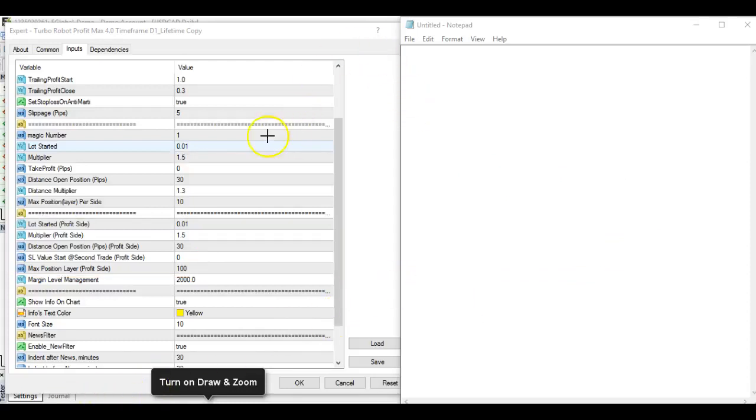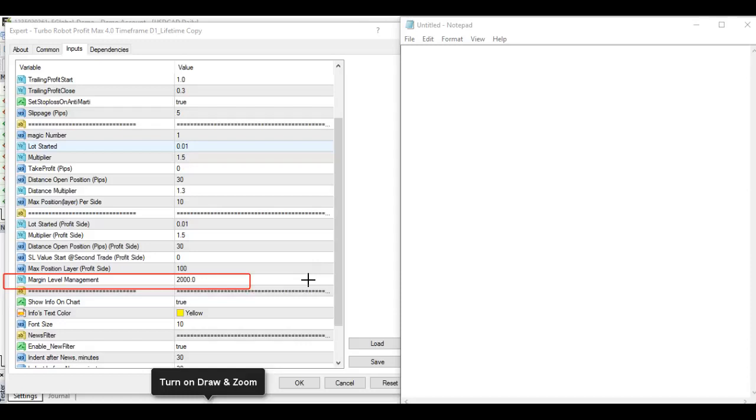Okay, so we have another control for you. This is the safety of your robot. I will explain the margin level management.